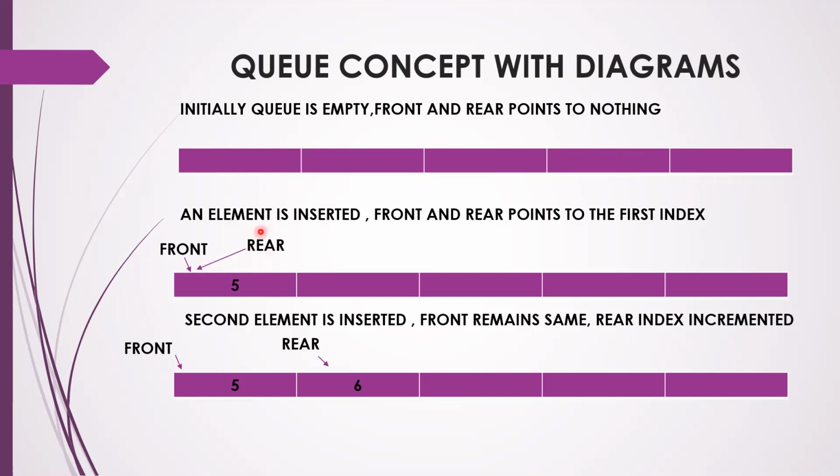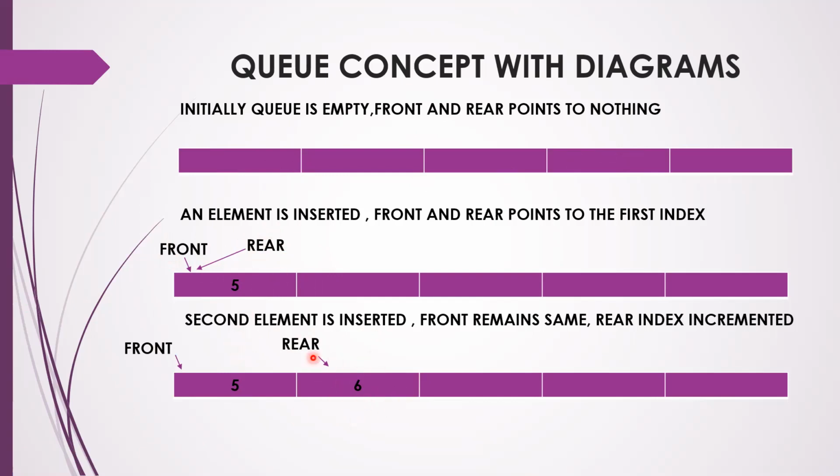Now you know always insertion occurs at the rear end and the deletion occurs at the front end. So now we are inserting the second element. So the rear has to be incremented, and then the insertion will occur.